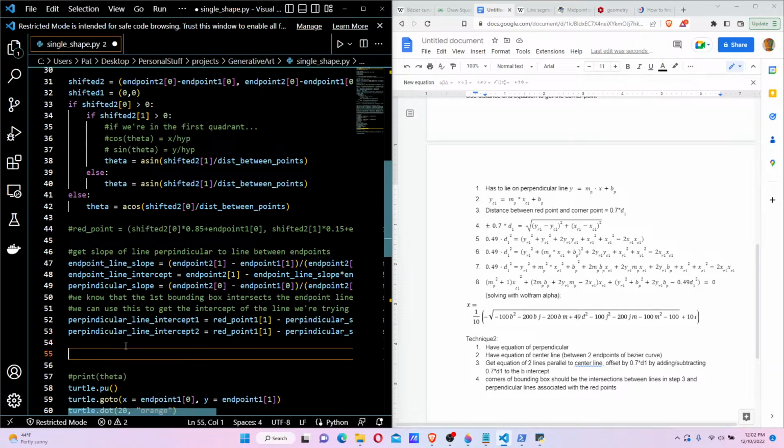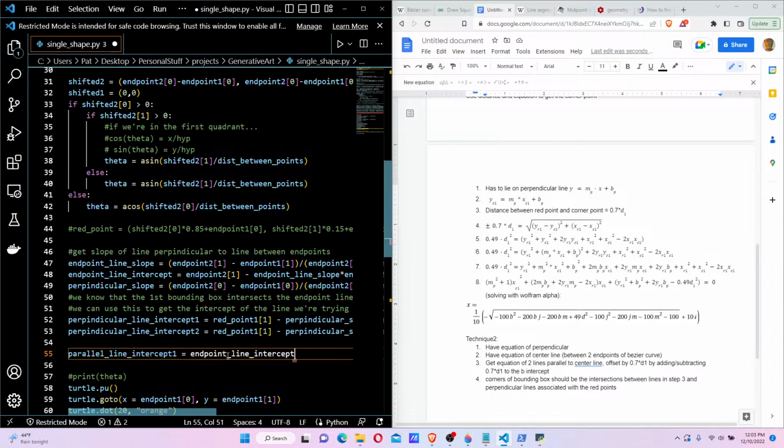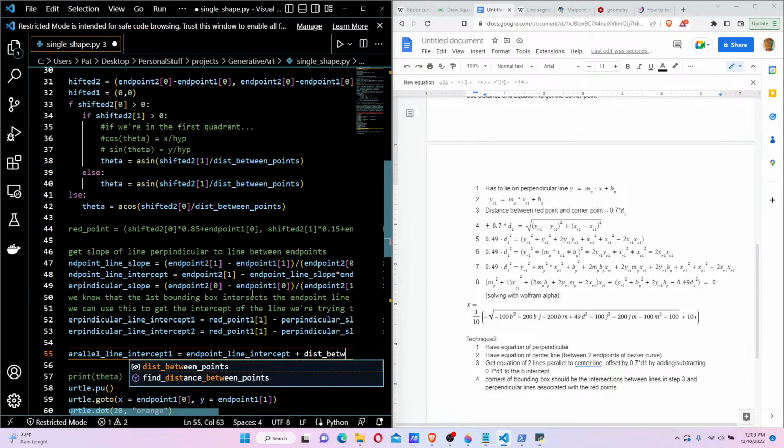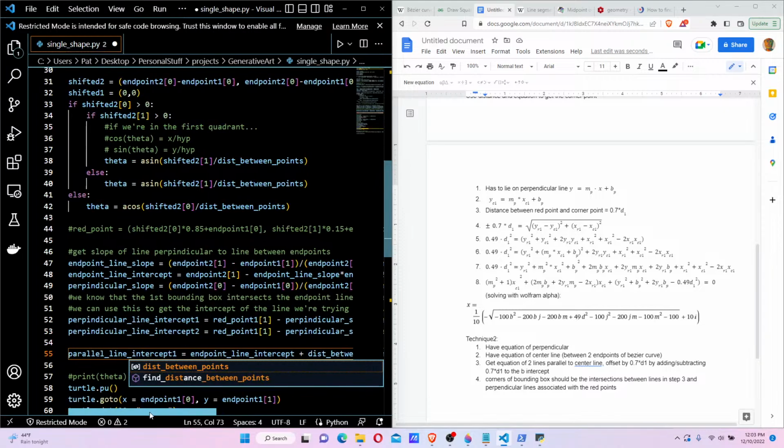Now I'm going to call this parallel line intercept 1, which is equal to endpoint line intercept plus whatever the distance between points, nice.